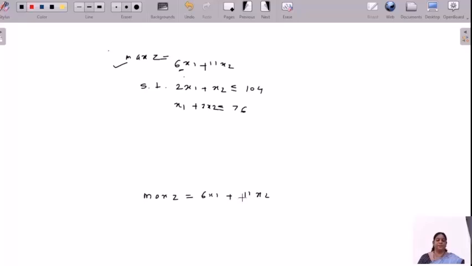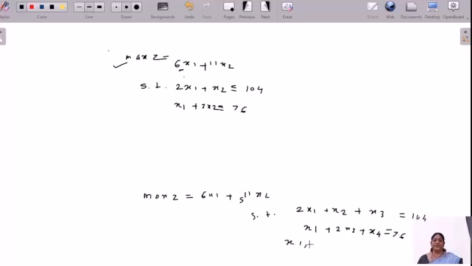Subject to 2x1 plus x2 plus x3, where we add the slack variable so that it becomes an equality, equal to 104. Next is x1 plus 2x2 plus a new variable x4, which is also a slack variable, equal to 76.